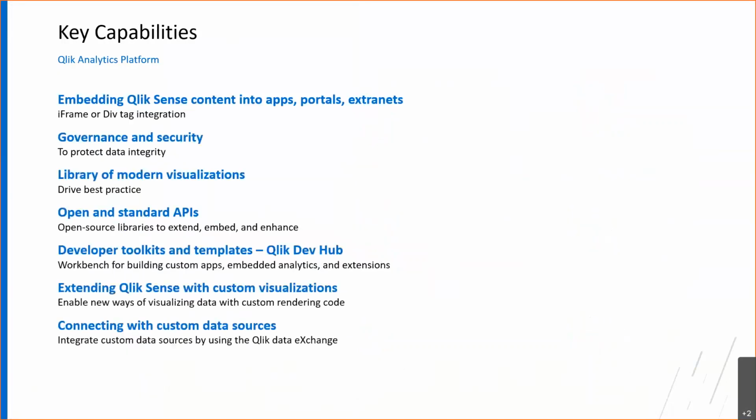Again, I just want to quickly call out a couple more great features and capabilities, a little bit more on the technical side. The Qlik Analytics platform uses standard, modern, and open APIs to allow visualizations and data to be embedded into any web portal or any application. It offers different technical integration options such as mashups, iframes, and div tags using the APIs.